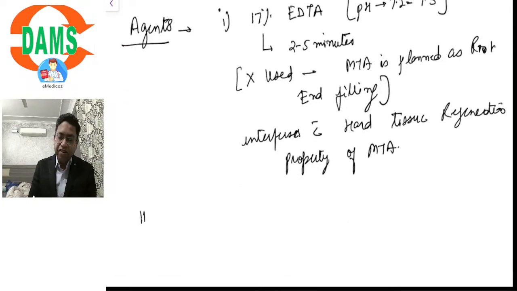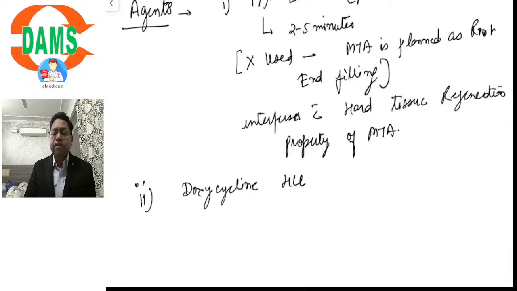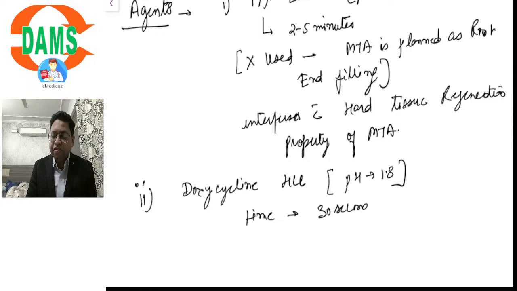The second agent that can be used for conditioning of the root surface is doxycycline hydrochloride. This doxycycline hydrochloride has a pH of 1.8 and it requires a conditioning time as little as 30 seconds.